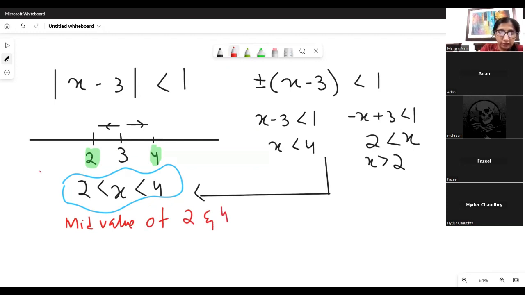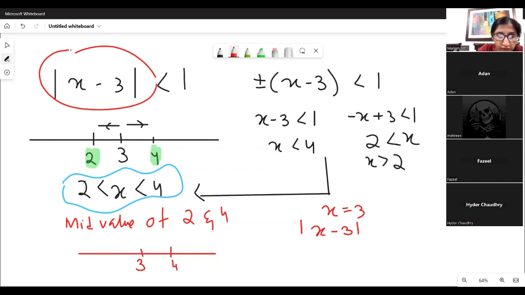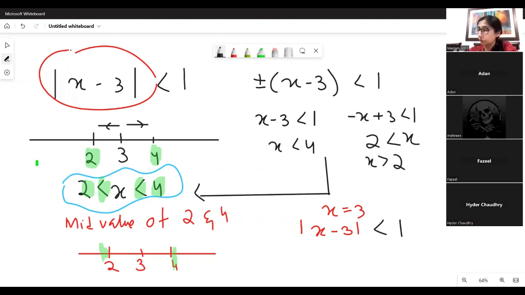Yes. तो मिडिल में आ गया 3. अब आपके पास आ गया x इज इक्वल्स टू 3, जिसको आप लिख लोगे x माइनस 3 मॉडुलस। ठीक है, दैट इज द फर्स्ट स्टेप। ये पार्ट तो आ गया मिड पॉइंट्स। और फिर आपने देखना है कि इस 3 का 4 और 2 से डिस्टेंस कितना है, कितने यूनिट्स है डिस्टेंस? 1। और सिंस यहाँ पे लेस देन था तो आप लिखोगे लेस देन 1। ठीक है, we'll do quite a bit of practice of this.